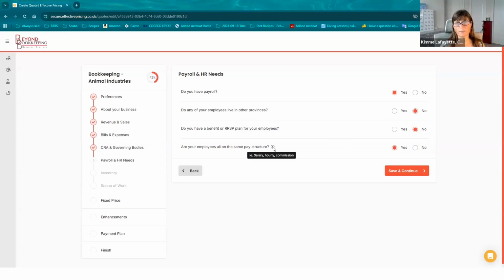Essentially, what that means is they're all going to be salary, or they'll all be hourly, or they'll all be commission. And basically, how this would impact your price, Kate, is if you had, as you start to hire more staff, if they're on different payroll structures, then there's extra work involved in managing the payroll. Whereas if you keep them all on the same pay structure, it's a little easier on our end.